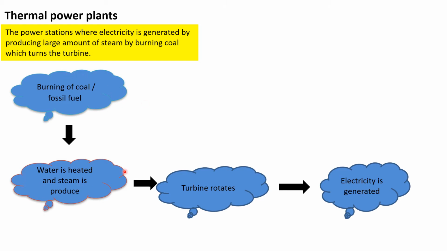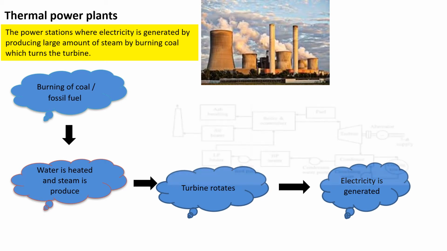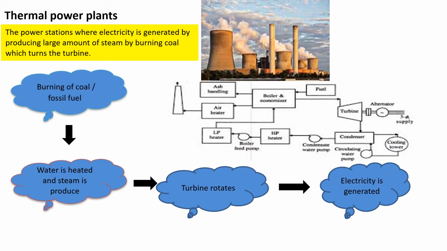So basically just remember this flow chart. Burning of coal or fossil fuel, water is heated, steam is produced, turbine rotates, electricity is generated. Right? So this is a thermal power plant where all these actions are done. If you can see, this is the basic flow chart of a thermal power plant. There are many other factors here as well. Don't pay attention to this right now.